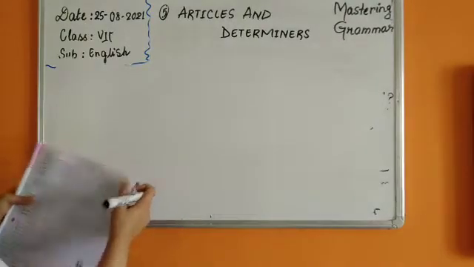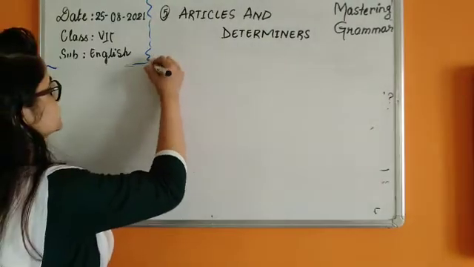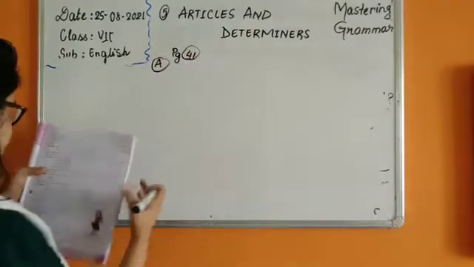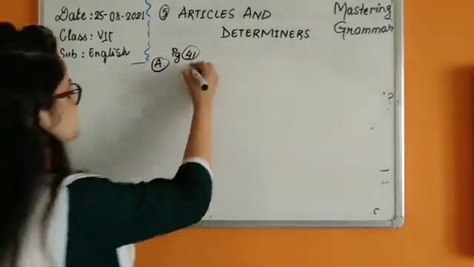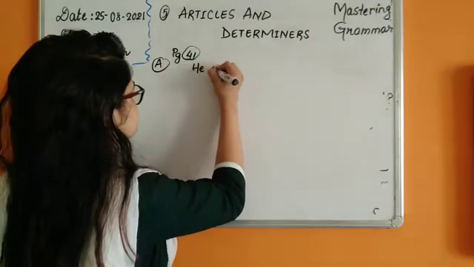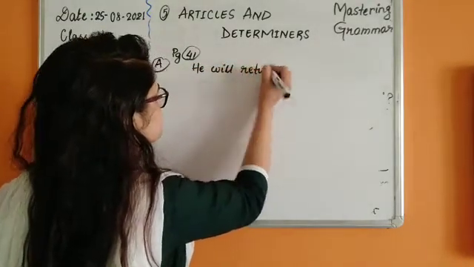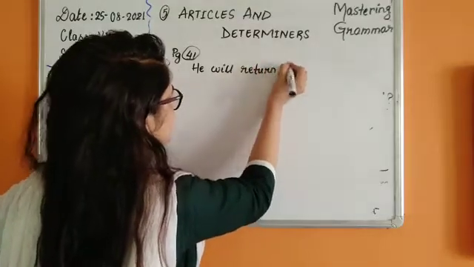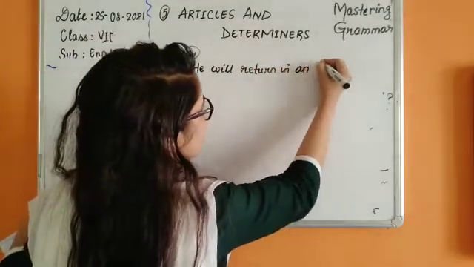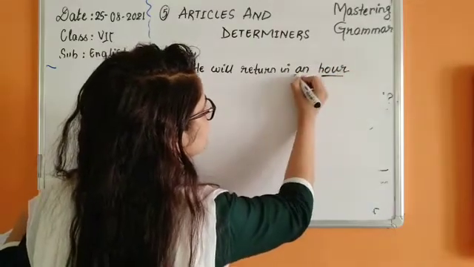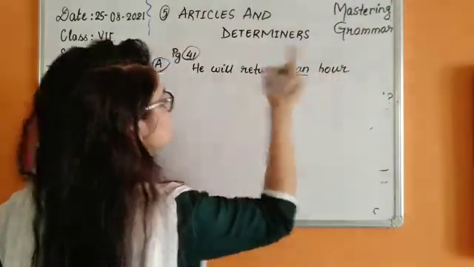So here it is, number 8, page 41, and here is my first exercise. He will return in an hour, right? Hour, you hear the sound, so an will be our answer.